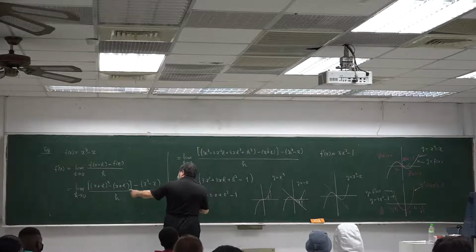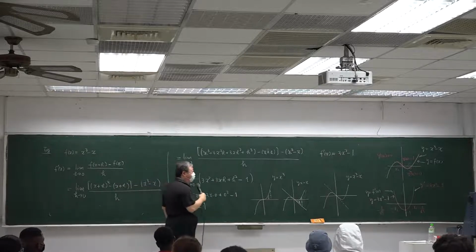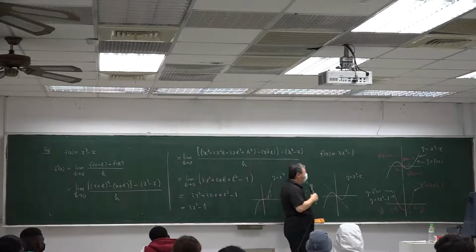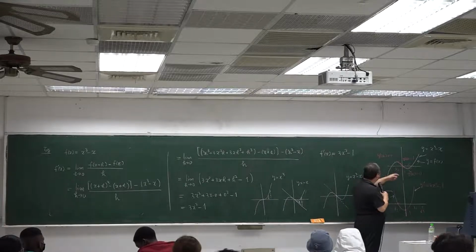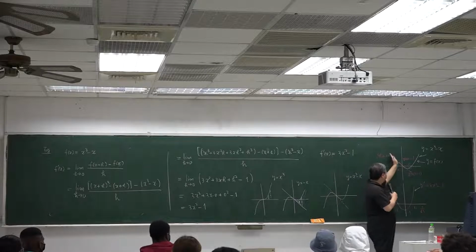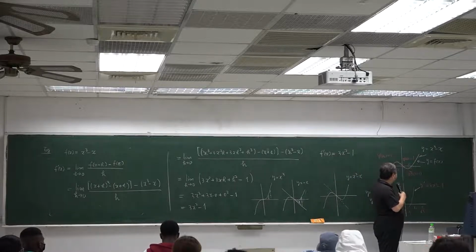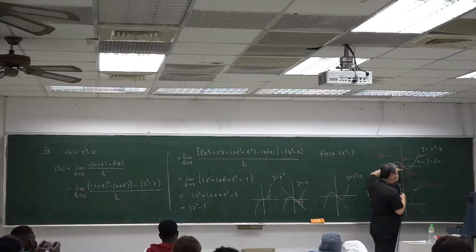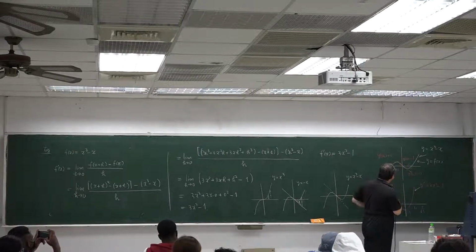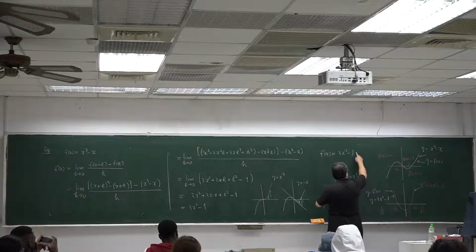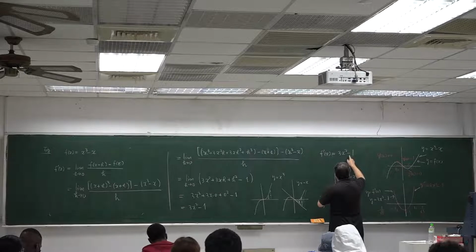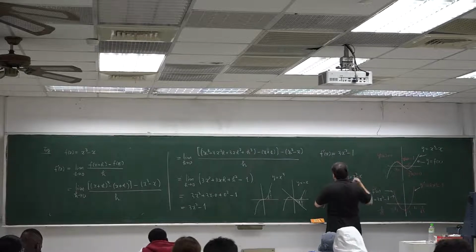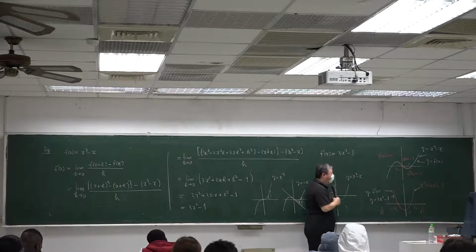So this limit stands for the slope of the function at x. For example, at 0, the slope is minus 1. At somewhere the slope of the tangent is 0. Where? By solving this one equals 0, you can find x equals plus or minus 1 over square root of 3.